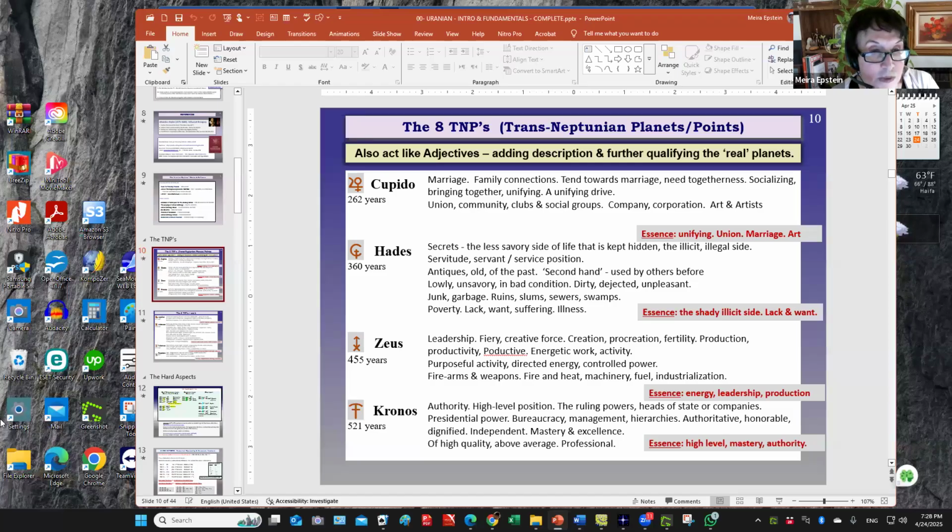But then once Uranus was discovered, it was like a revolution in the scientific world, because until the discovery of Uranus, no new planet was ever discovered. It was the first time ever in history that a planet is discovered. Until that time, up to Saturn was visible in the sky, and that's it.